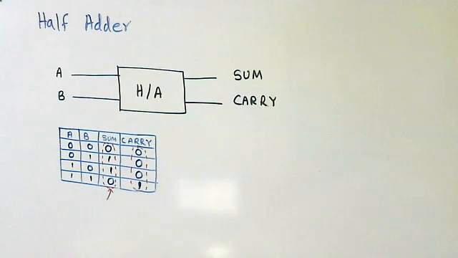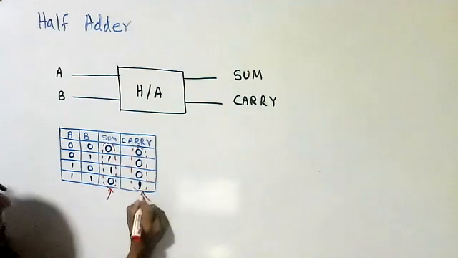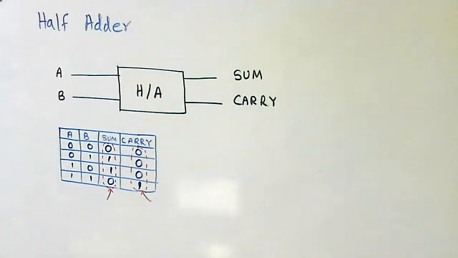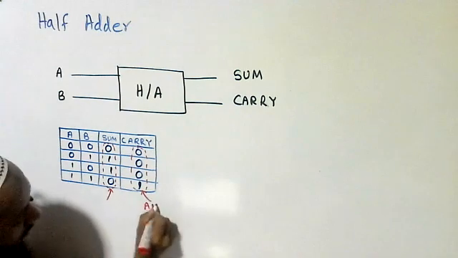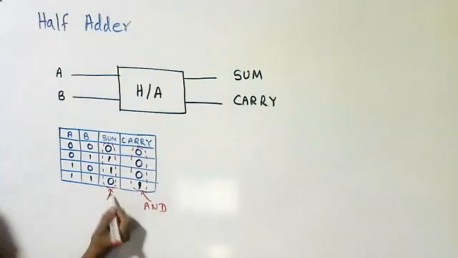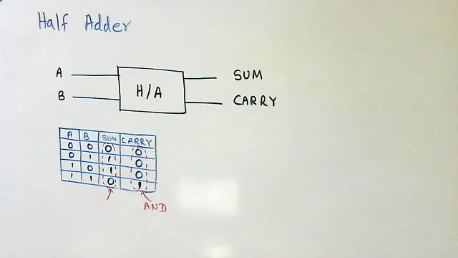Can you identify? What is the gate there? NAND. NAND gate. What is the gate here? Carry. If you consider carry, what is the gate there? AND. Yeah, it is AND. I'll give the chance to Ilma. Can you identify this gate? Sum. If you consider sum, what is the gate there?